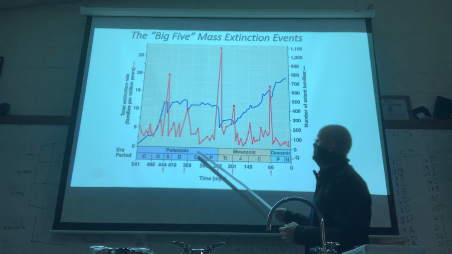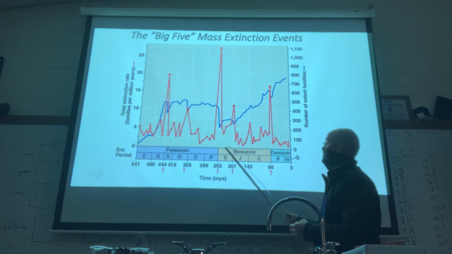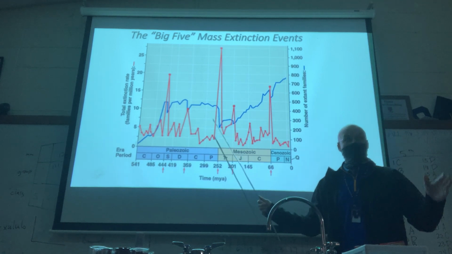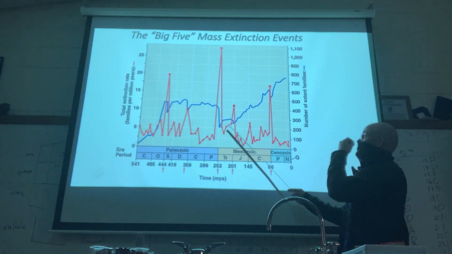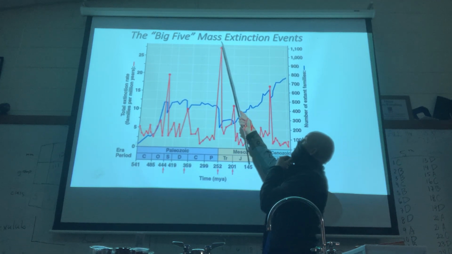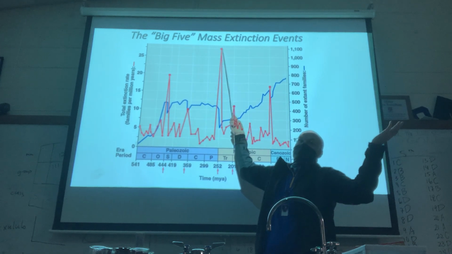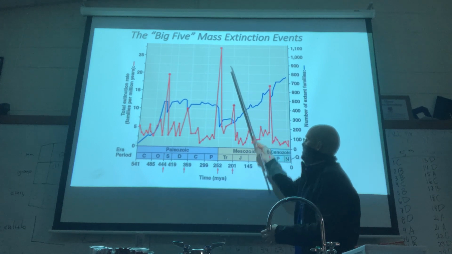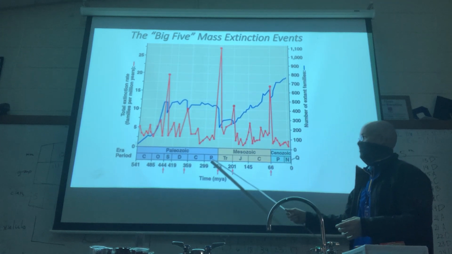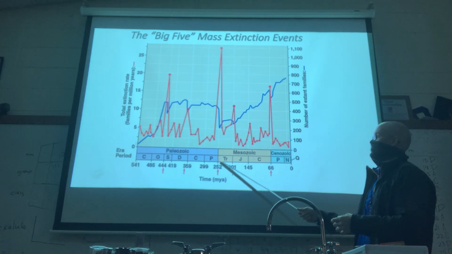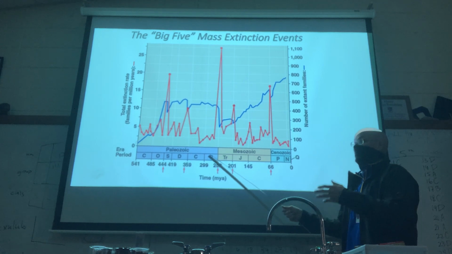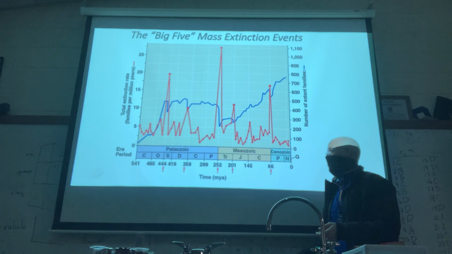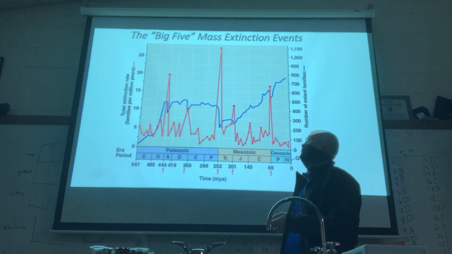Now, if you notice, the Paleozoic to Mesozoic break exists because in the fossil record, we see the worst mass extinction that we are aware of. This is what we call the end Permian extinction that basically almost wiped out life on Earth and led to what we call the Mesozoic era.